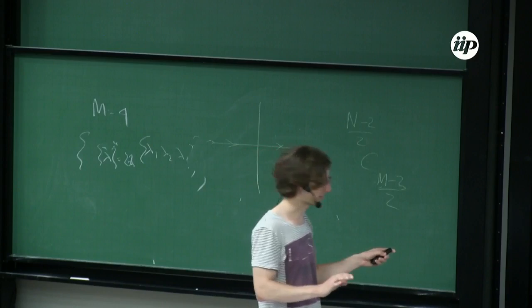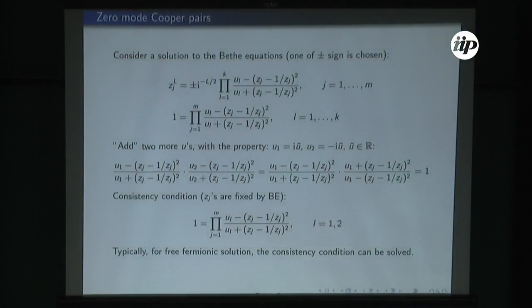Okay. And let's say it starts from a free fermionic solution, so the first equation is basically this term here, z_j to the L is proportional to 1. Then typically you can solve this consistency condition which you get from here, and you can generate more solutions.